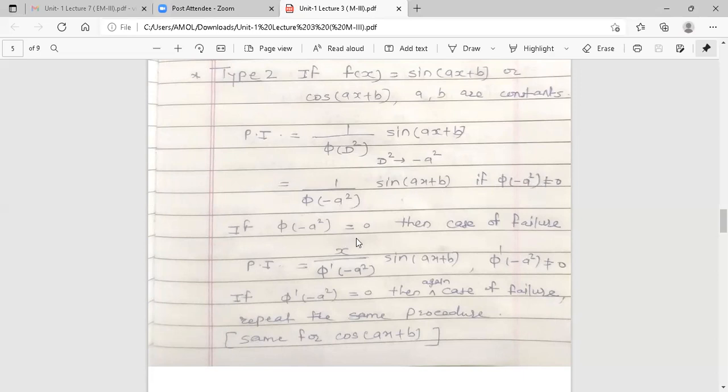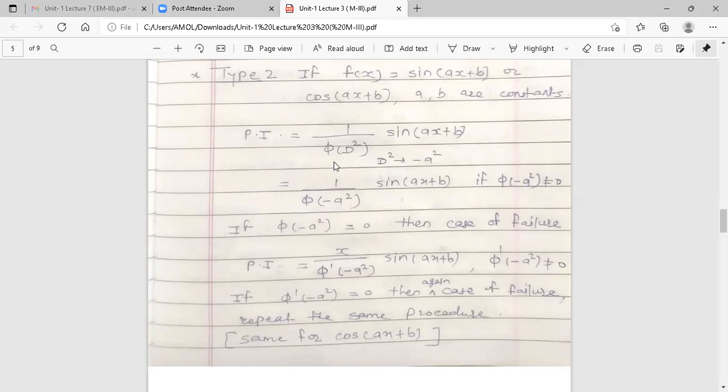If it is equal to 0, then it is the case of failure. In the case of failure, we always multiply the numerator by x. Then we take the derivative of the denominator; the derivative of phi function will be phi dash.